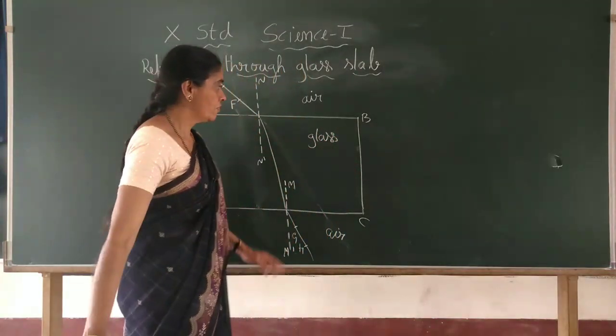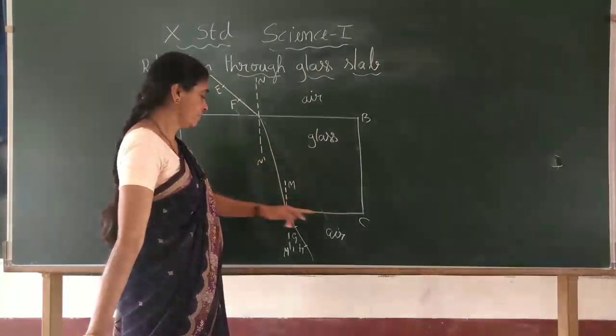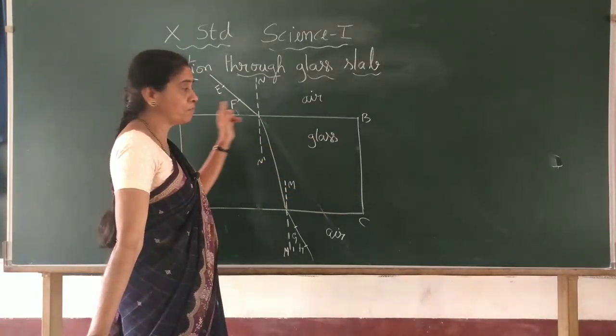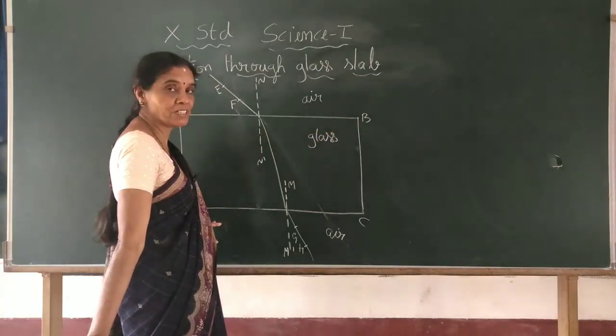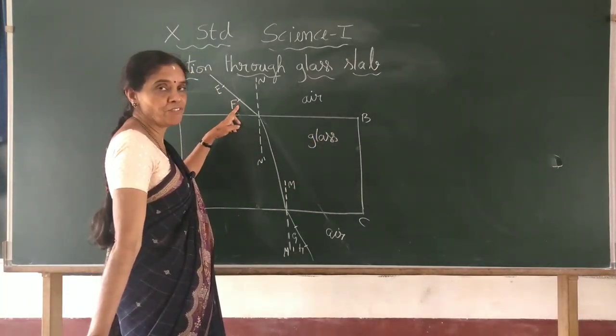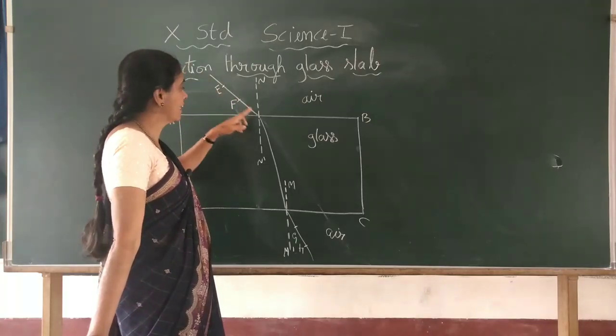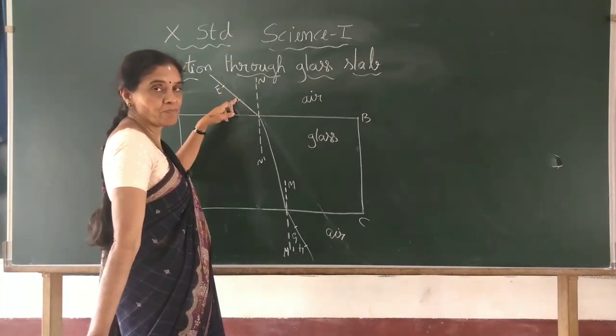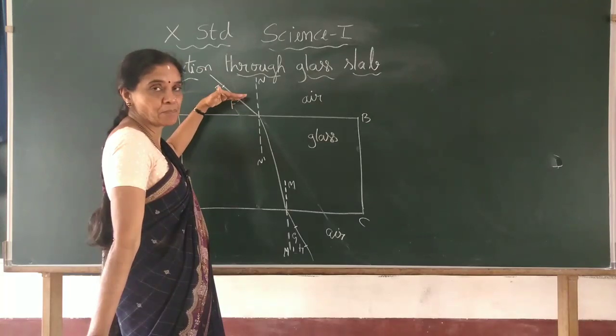Now I have drawn the boundary of the glass slab ABCD, and E and F are the positions of two pins. You have to obliquely keep these two pins on one side of the glass slab.